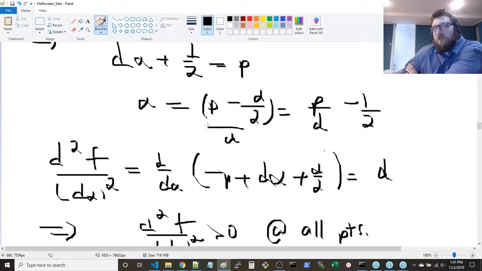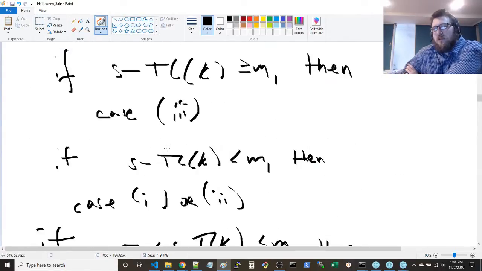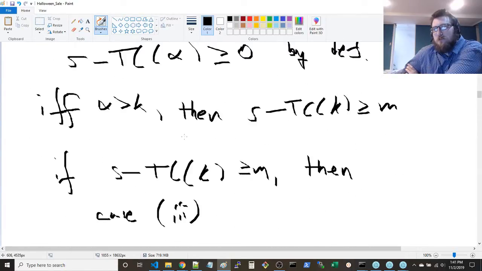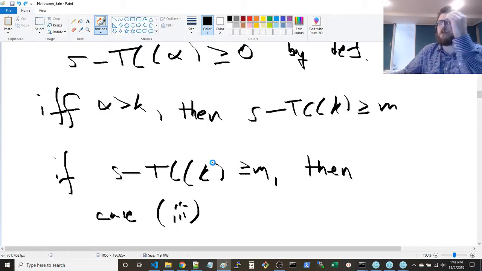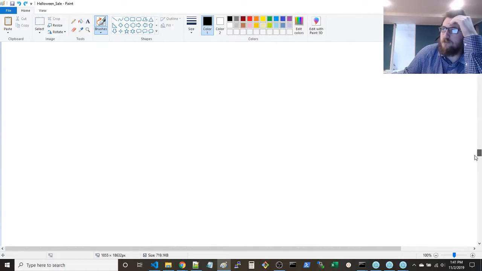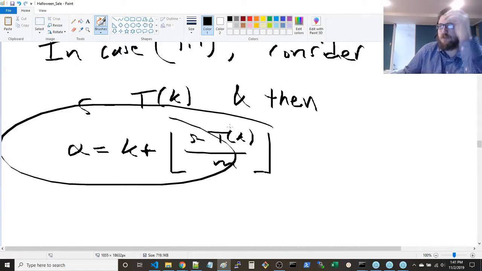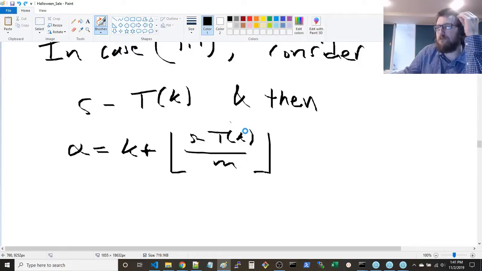If you're in the first case, you calculate this value and determine whether or not it's greater than M or greater than or equal to M. If you're in that case, then you take this to be alpha.